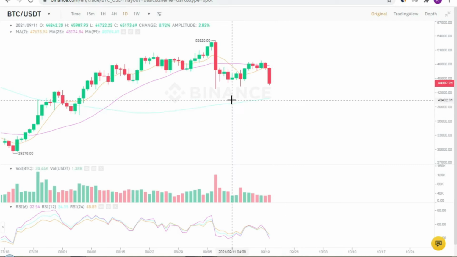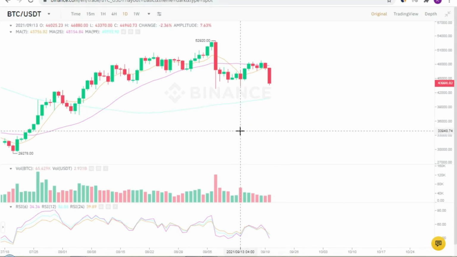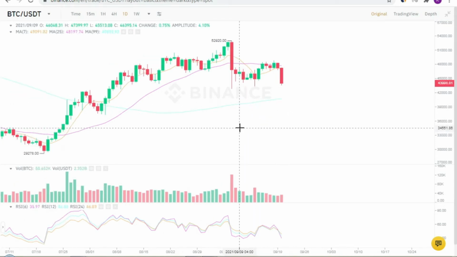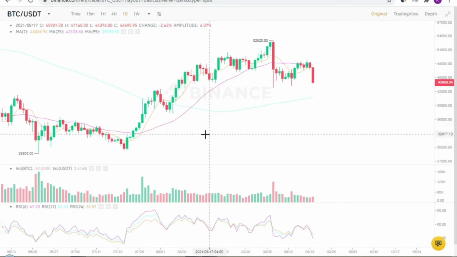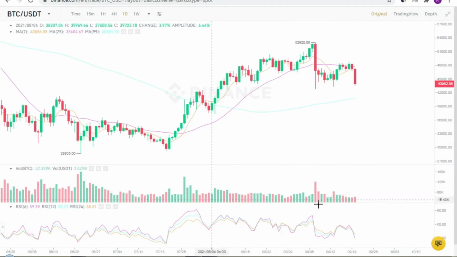Now what we're going to talk about is the volume, and this is one of the most important things you have to know. These are the volume bars. This tells us how many buyers or how many sellers are present in the market. The more buyers and sellers present in the markets, the more the volume, the stronger the trend.